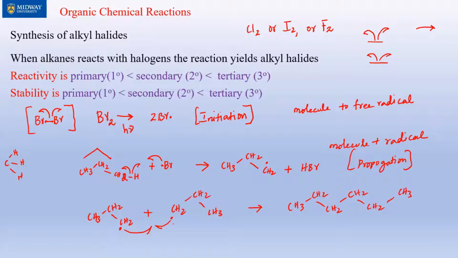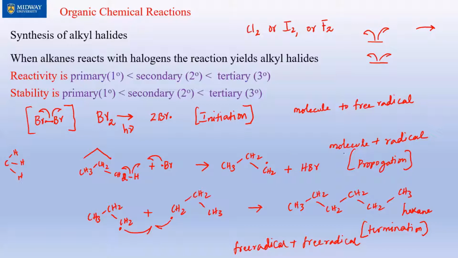So essentially you've combined these 3, and you've made hexane. You started with propane, you made hexane. This is called termination, when 2 free radicals react, free radical plus free radical. It doesn't have to be the same molecule. When 2 free radicals react, it's called termination.